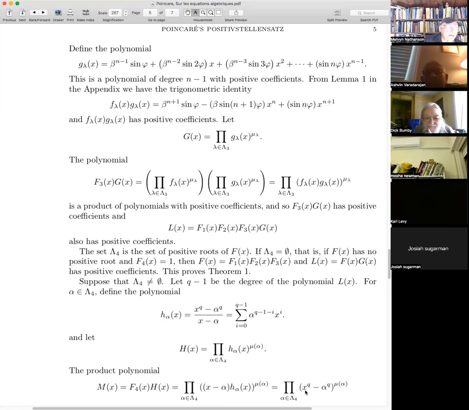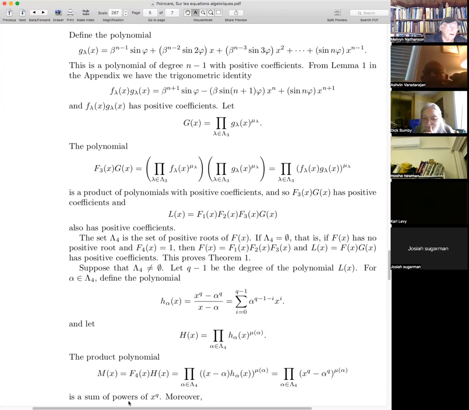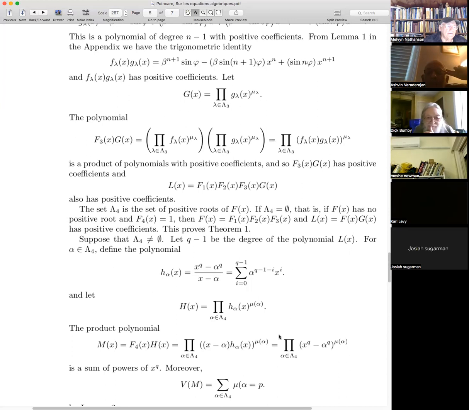That is exactly x to the q minus alpha to the q, to the mu of alpha, right? So M of x is this polynomial. And if you expand this, it is a polynomial in powers of x to the q, right? Those are the powers of x that occur there.